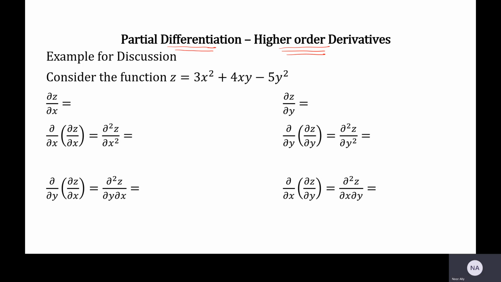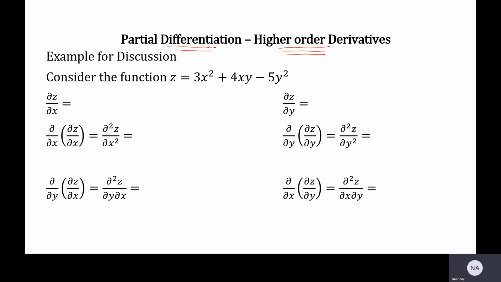Well, we've come across higher order derivatives in single variable calculus. We found the first derivative, second derivative, and we can go on to the third derivative and so on. Now, how does this play out in partial differentiation?